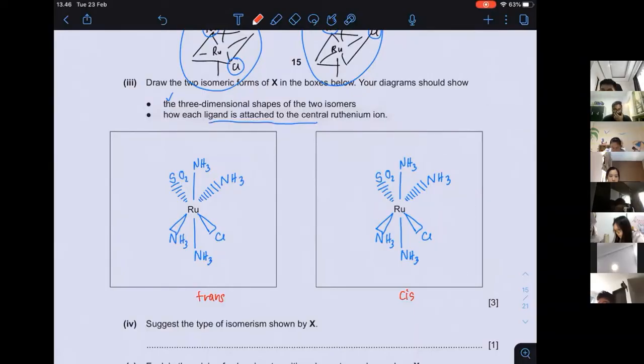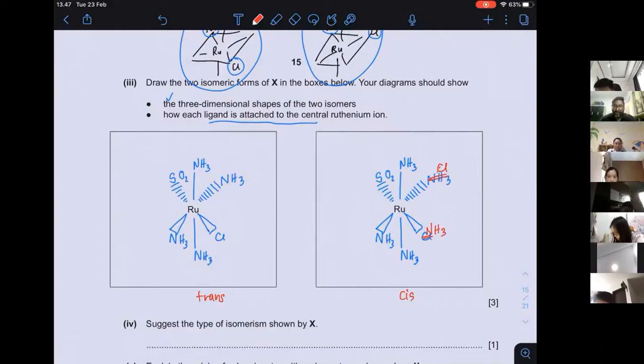So this one I want to show cis, so maybe I put the SO2 there, Cl I put it here, and then here I will put NH3. So this is how I draw.